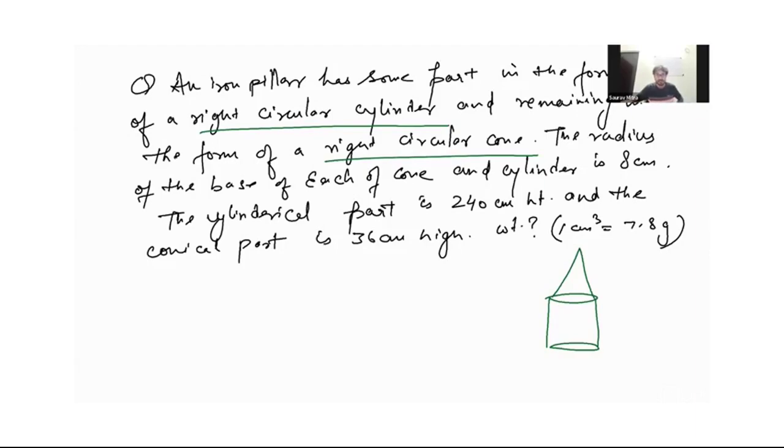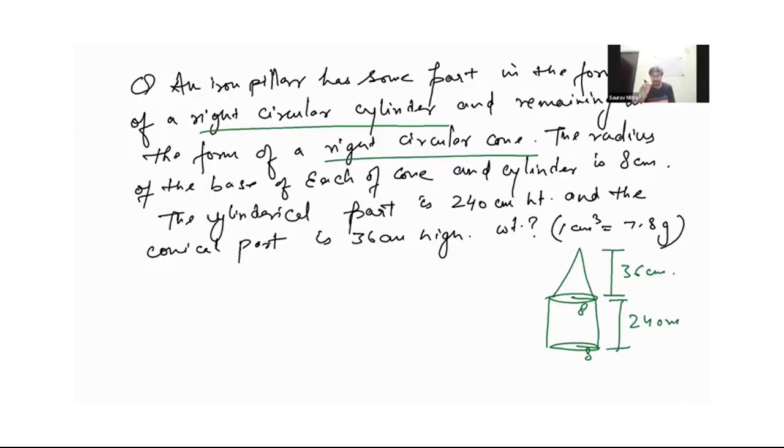Since this is the base of the cone and it is also a part of the cylinder, their radius cannot be different, so both are 8 and 8. The height of the cylindrical region is 240 centimeter, and the height of the cone is given as 36 centimeter.